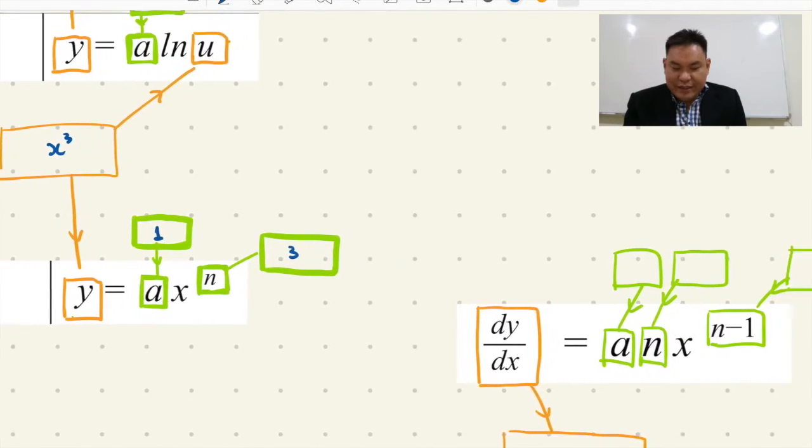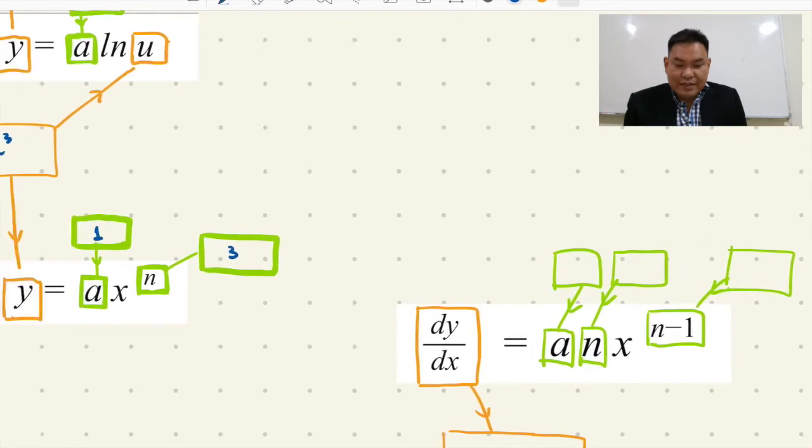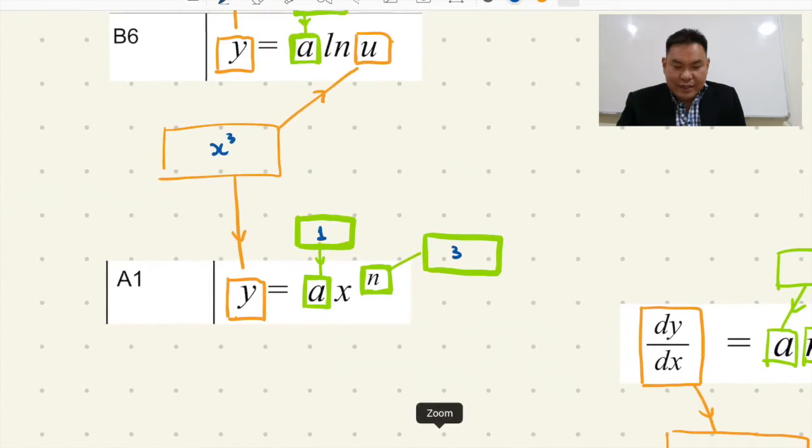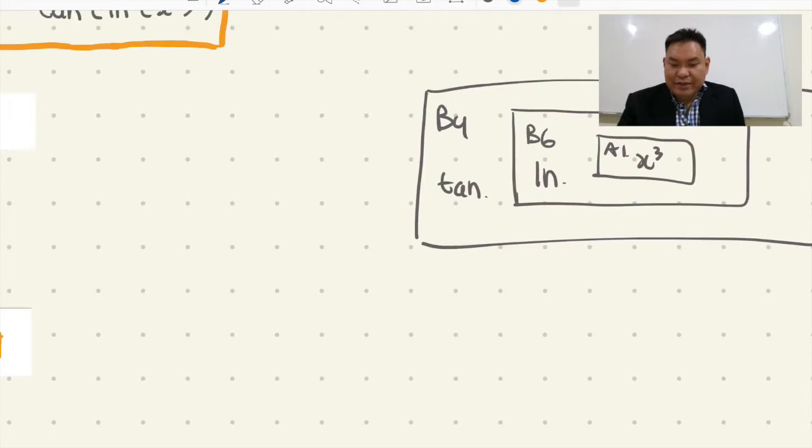When we differentiate them, we do the opposite direction. We start from the inside to outside, which means we start from formula A1, B6, then B4.